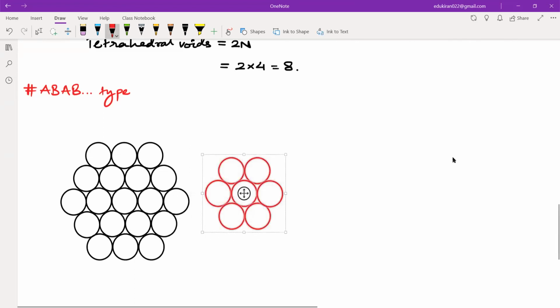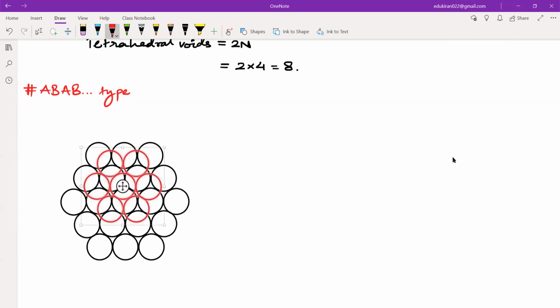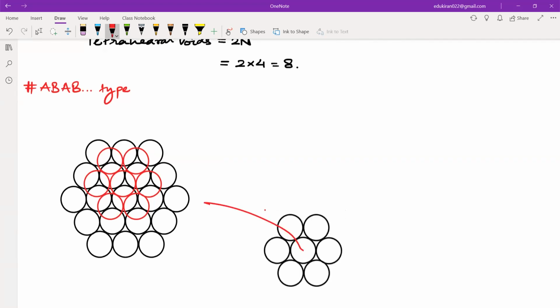Then I will change the color to red and I will place them in the voids. So you can see I've placed them in the voids. Now I'm going to take another set of black atoms and I will place them in the void that is made by the red atoms.